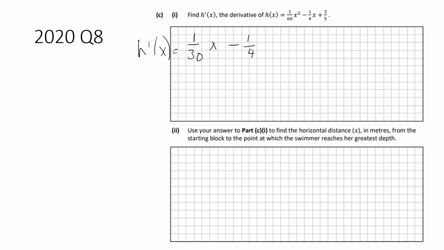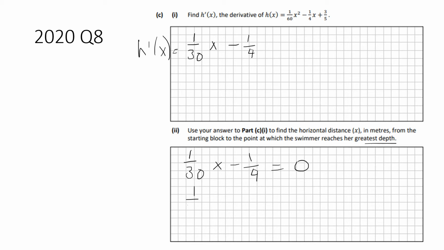So that's 10 marks. Then for the next part, use your answer from the previous part to find the horizontal distance in meters from the starting block to the point at which the swimmer reaches the greatest depth. So you're looking for the local max here. We're trying to make our first derivative equal to 0 to find the value of x.